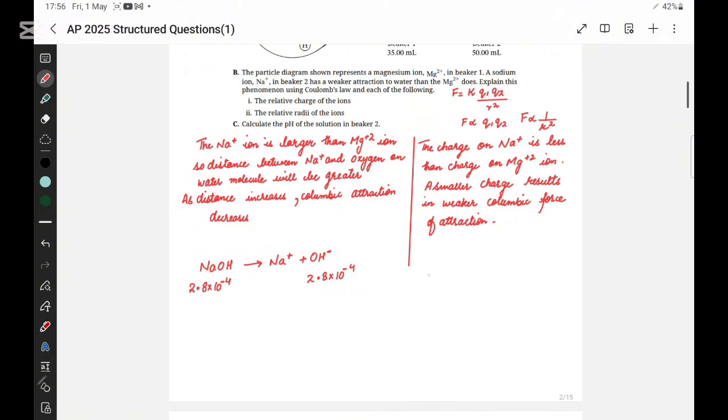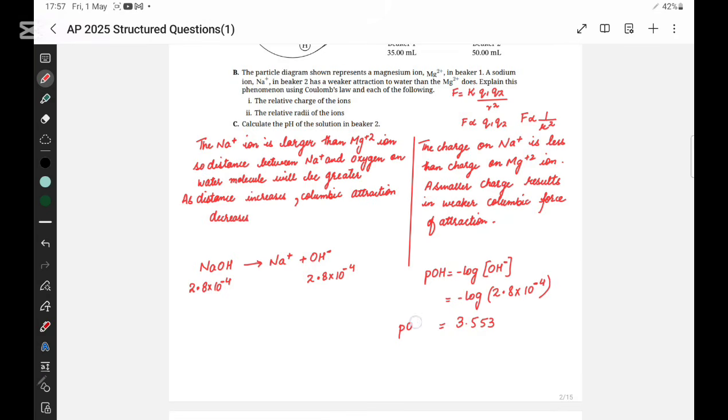And we know we have a formula: pOH is equal to negative log of hydroxide ion concentration. Negative log of 2.8 times 10 to the power minus 4 comes out to be 3.553.